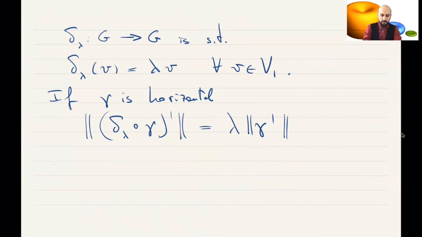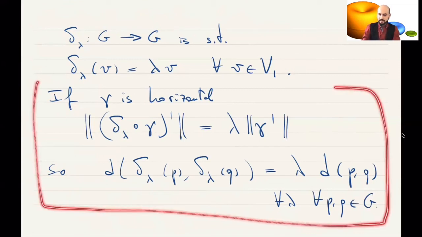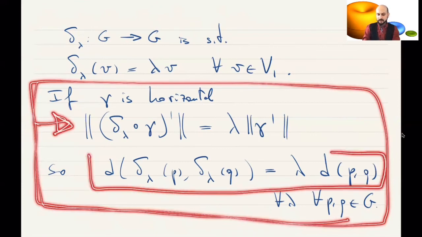Therefore, when you infimize over the curves between delta lambda p and delta lambda q, this is equal to lambda times the distance between p and q. And this is for all lambda and for all p, q in G. Okay, so please check that it's clear to you why we have this equality and consequently this equality here. This is going to be extremely important.